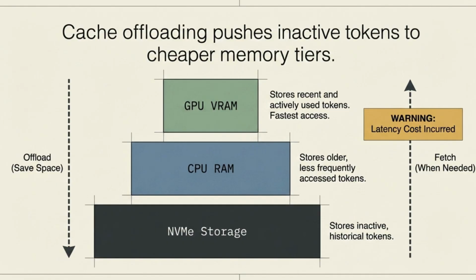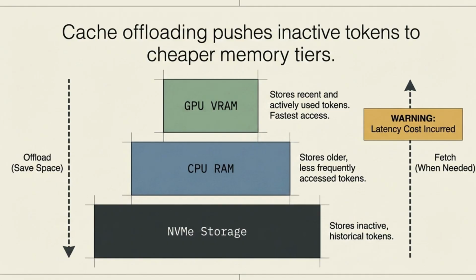Active tokens, recent context, what the model needs right now, that stays in VRAM. Fast path, no compromise. Older tokens, less frequently accessed context, push to CPU RAM. Inactive historical tokens, all the way down to NVMe storage.